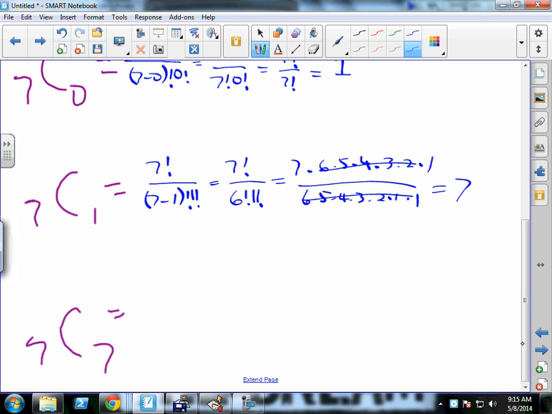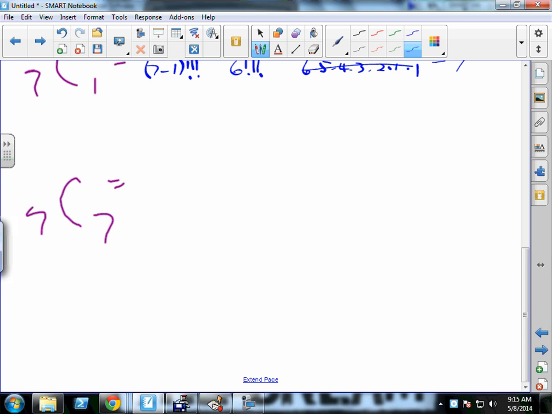This is kind of weird, isn't it? Anybody know what 7 choose 7 would be? 7 factorial over 7 minus 7, the quantity factorial, times 7 factorial. 7 factorial over 0 factorial, 7 factorial. That's 1.